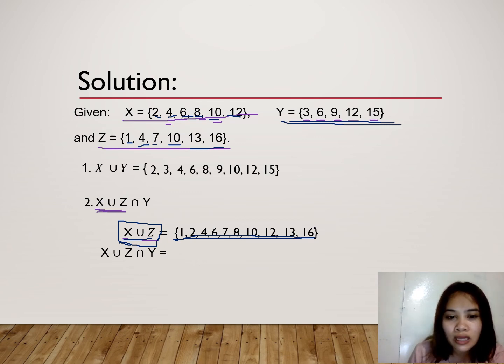So, observe, can we find 1 in set Y? No. How about 2? No. How about 4? No. 6. Okay, naay 6.